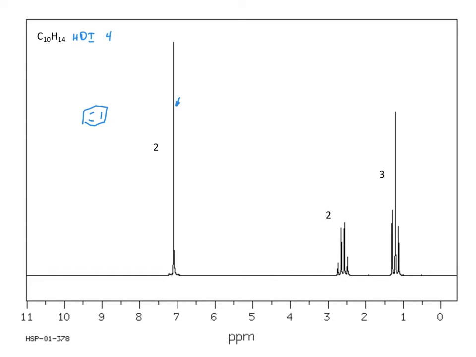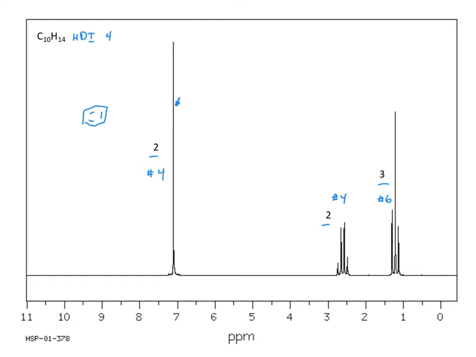This has a relative integration of 2, and we notice that the ratios of 2 to 2 to 3 don't add up to 14, they add up to 7. What that means is that the real number of protons is 4 and 4 and 6, because these are just relative ratios, they're not necessarily the total number of protons.